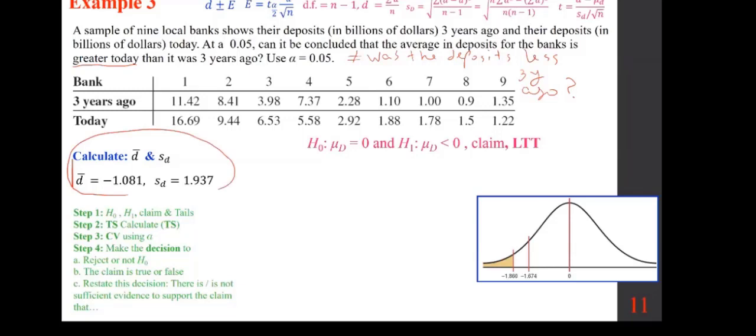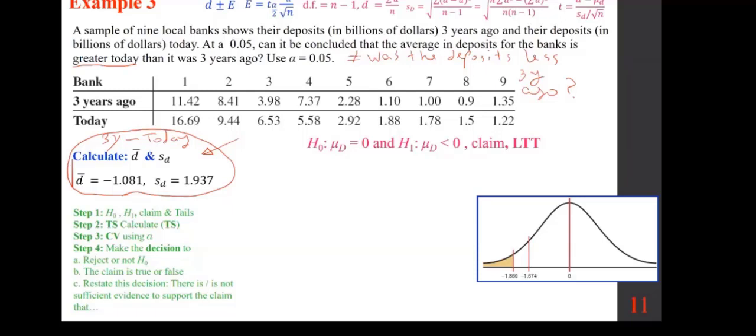Can anybody tell me what would be the difference in this calculation if we go with today minus 3 years ago instead of 3 years ago minus today? What we have here is 3 years ago minus today. That's how we've done this calculation. Can anybody tell me those numbers, d bar and s sub d, if we want to calculate for today minus 3 years ago, what we would get?